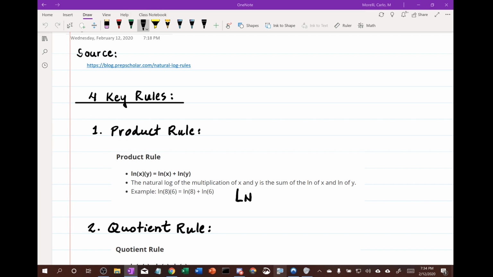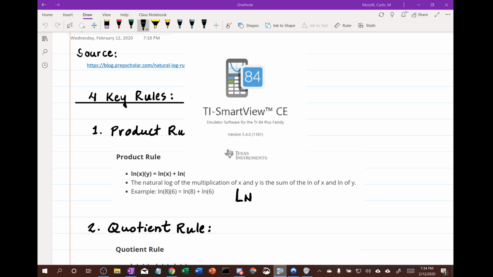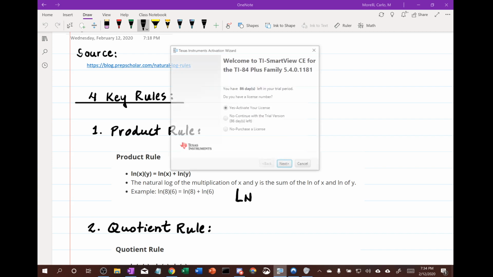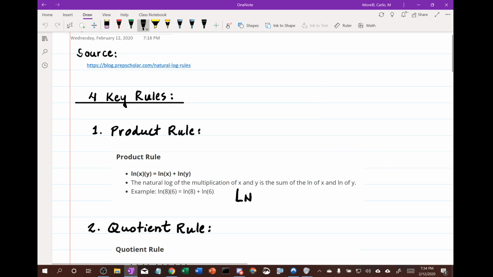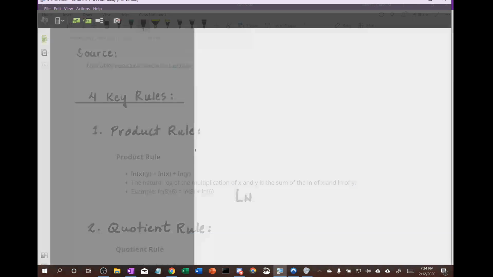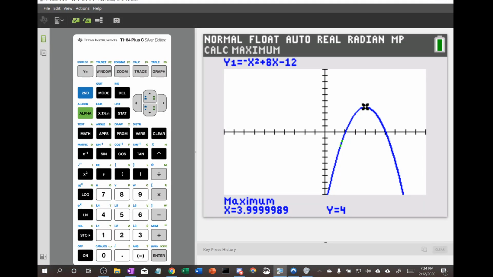So let me pull up the calculator so you can see, you're going to be using this key quite a bit. So let's take a look at the calculator. This key, if you see LN, it's to the left of the 4. It's all caps. So that's why I think it's a good idea just to use LN with all caps.